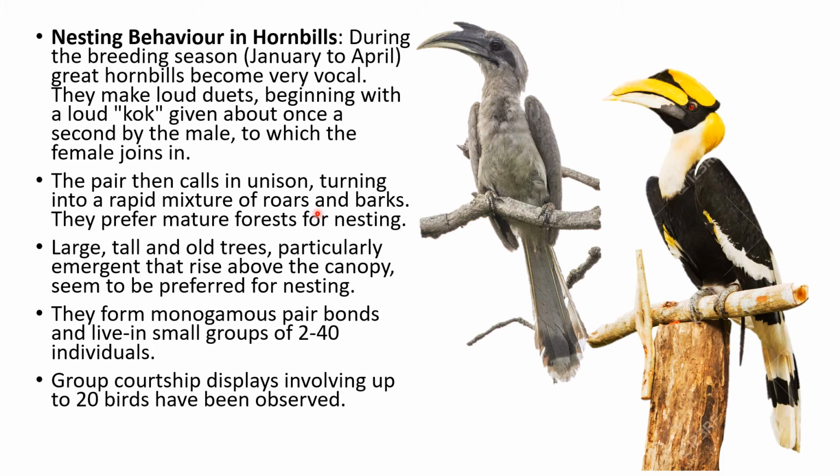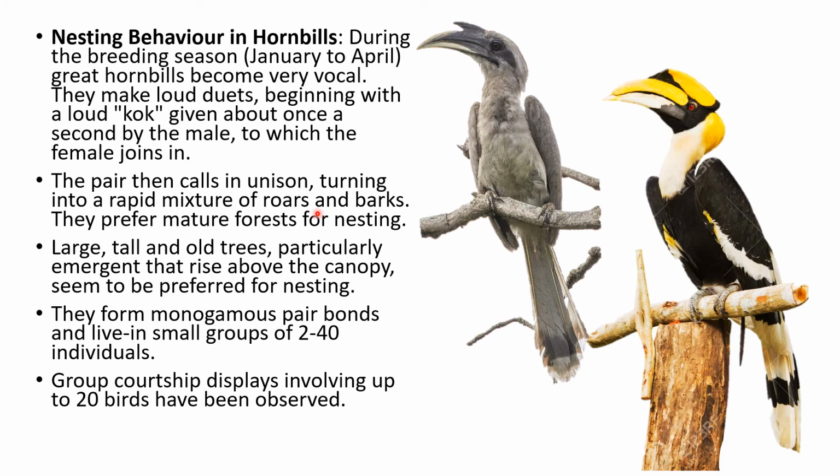So next, let us look into the nesting behavior in hornbills. There are many different types of hornbills in the world, and in India, particularly in southern India, we have two or three kinds: the grey hornbills and the pied hornbills.